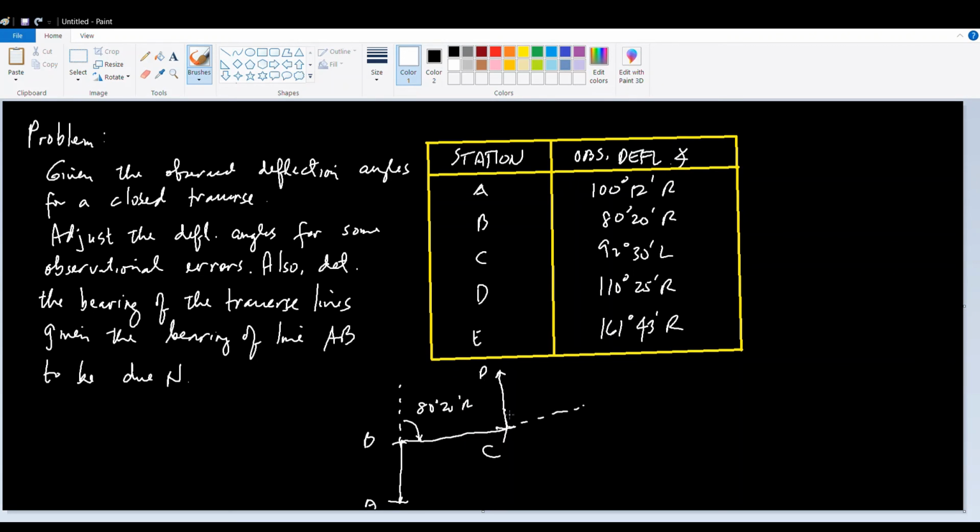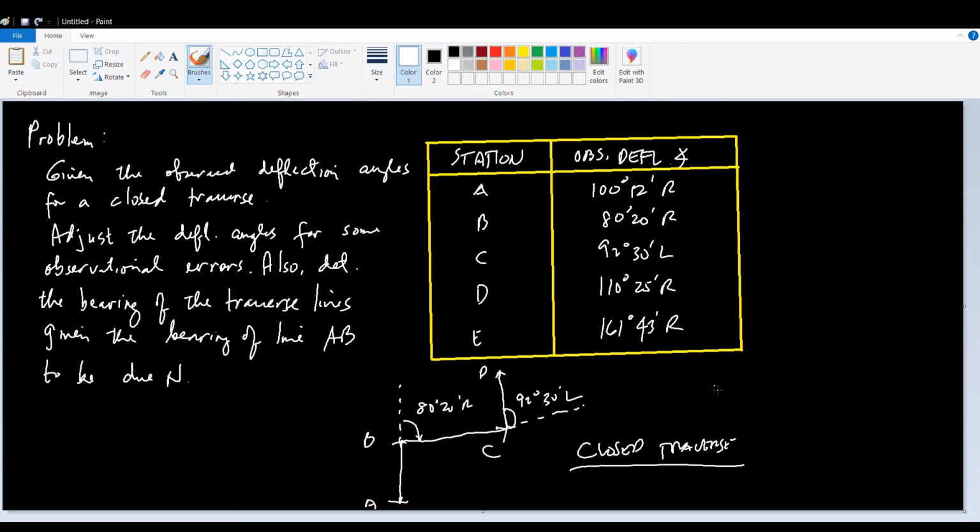Station D. 92 degrees, 30 minutes left. Okay, so you can sketch the other traverse lines and it should form a closed traverse. So you can just adjust the traverse distances in order to come up with a closed traverse.